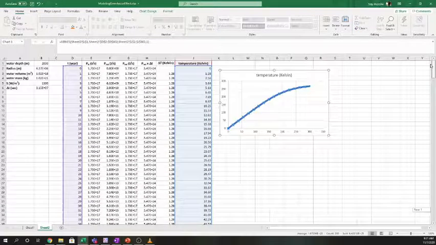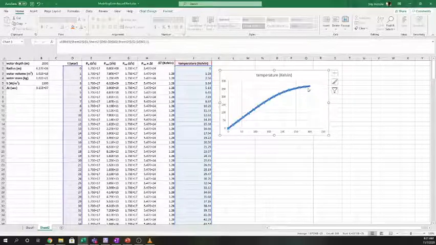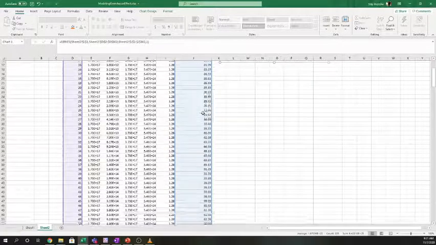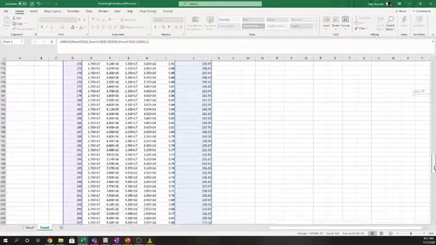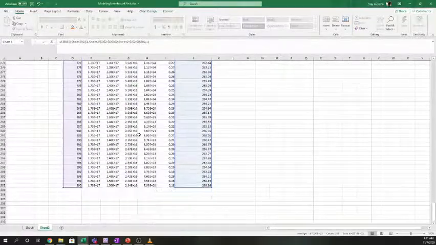And let's see where we are. Yeah, so we're starting to flatten out. I'm going to go another 50 years just to see what happens.